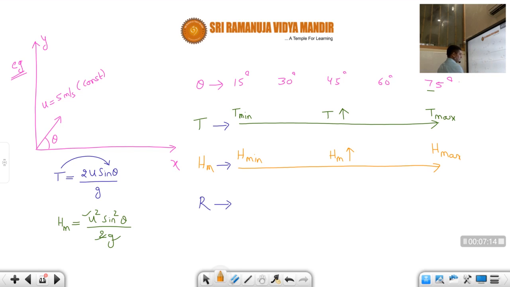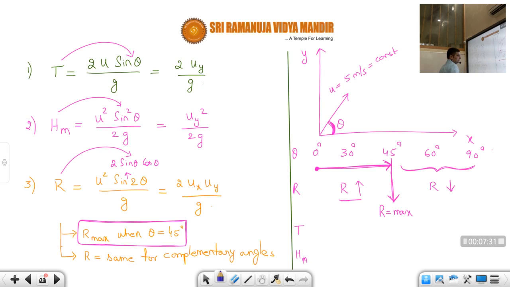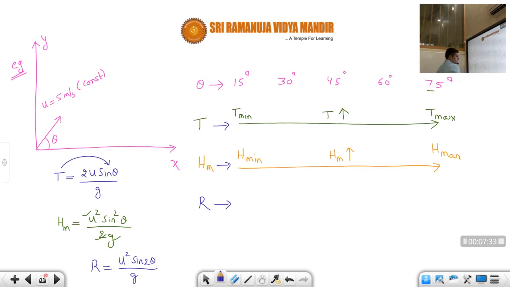Now next one is what, students? Range. So the range formula is what? u square sin 2 theta by g, or 2u sin theta cos theta by g. I told you before, students, very important: range is very special.